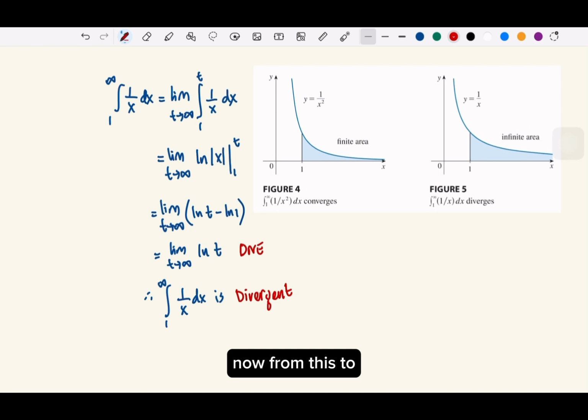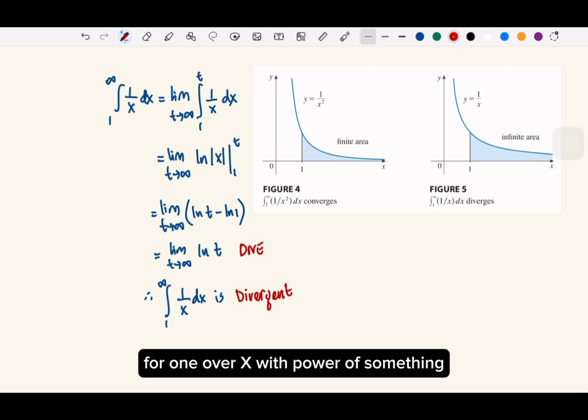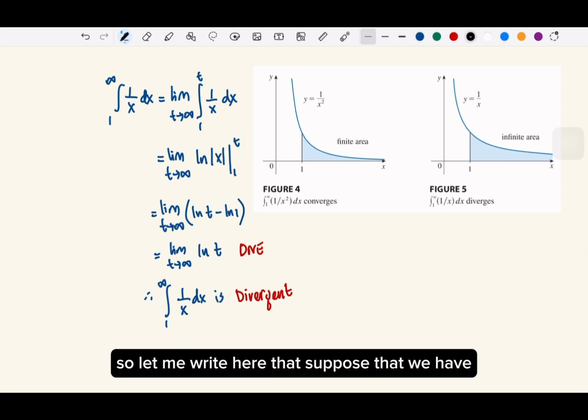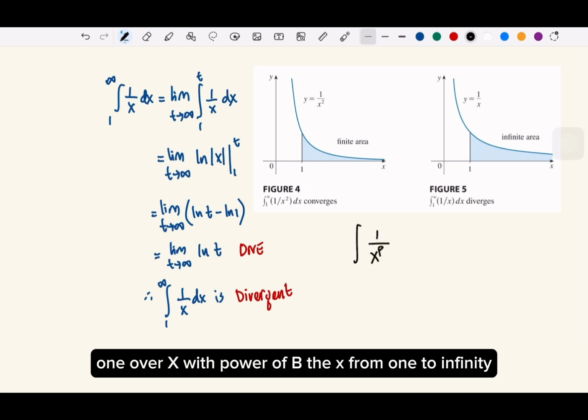Now from these two functions, we can make some general idea for 1 over x with a power of something. Usually we say a power of p. So let me write here that suppose we have the integral of 1 over x to the power of p dx from 1 to infinity.